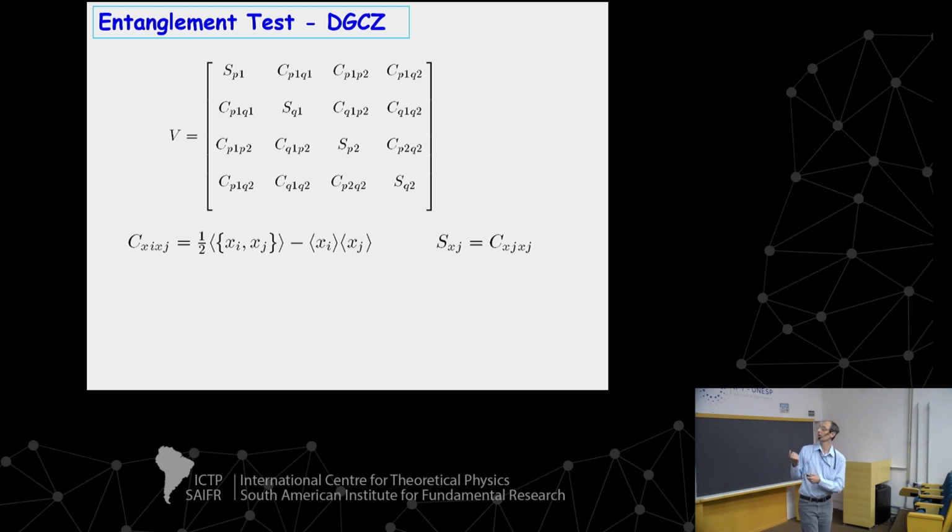What I'm writing here is the covariance of a two-mode system, where you see the variance of P and Q for the first mode, P and Q for the second mode, the correlation between P and Q for the first mode and second mode, and the cross-correlation between these two modes here in this off-diagonal matrix.